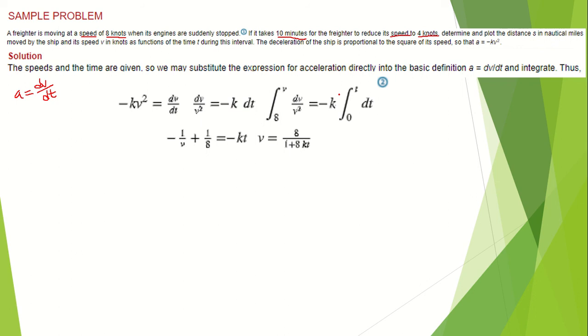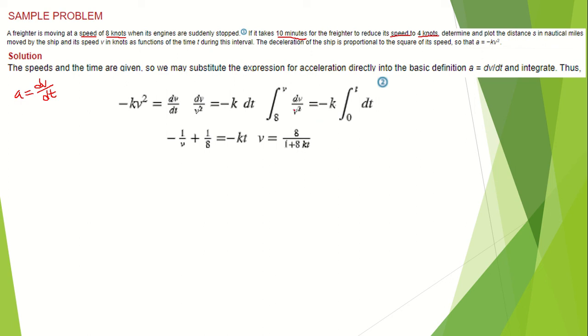After integrating and substituting the limits, we got negative 1 over v. Because we bring this above, you have the integral of v to the power minus 2 dv.